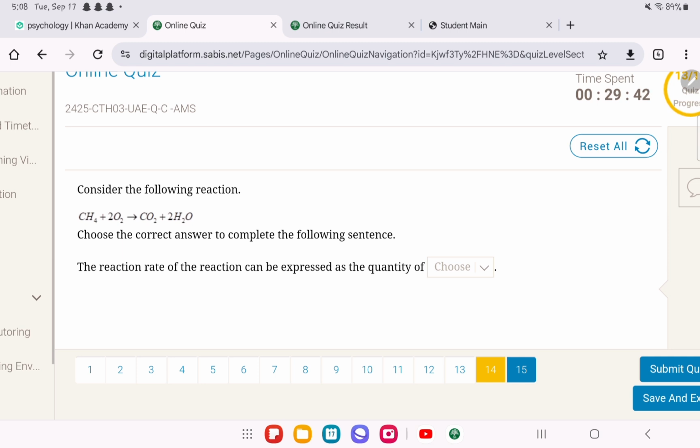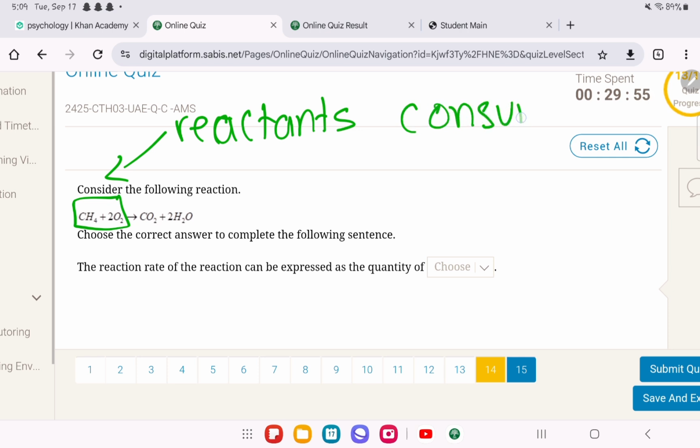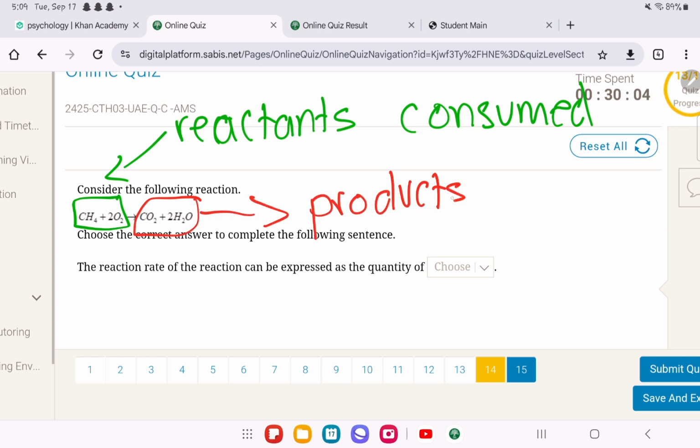Whenever they're asking you a question like this, you have different ways of responding. You can either take the reactants and say the amount of reactants consumed, or you can take the products and say the products produced. You don't necessarily have to take both. You can take one of them. So you can say, for example, CH4.